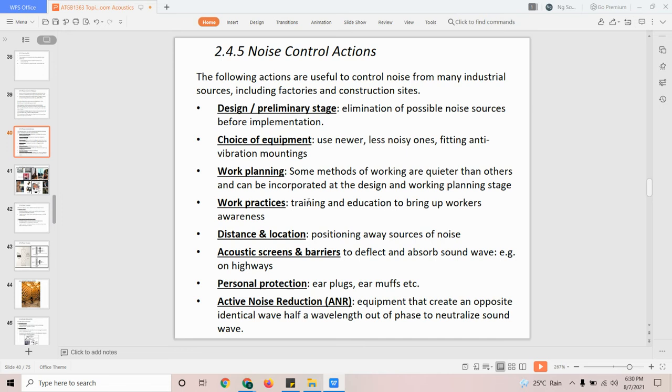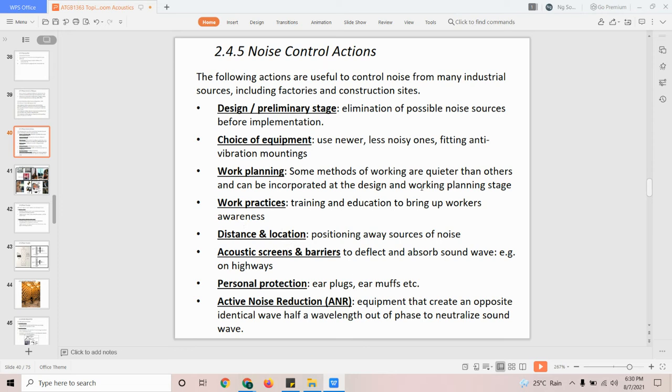Okay, so in construction activity, there are actually 8 stages or 8 actions that we can use to control noises. So we can control it during the design and preliminary stage, any choice of new equipment, so we can use new equipment, and then our work planning, work practices, distance and location.